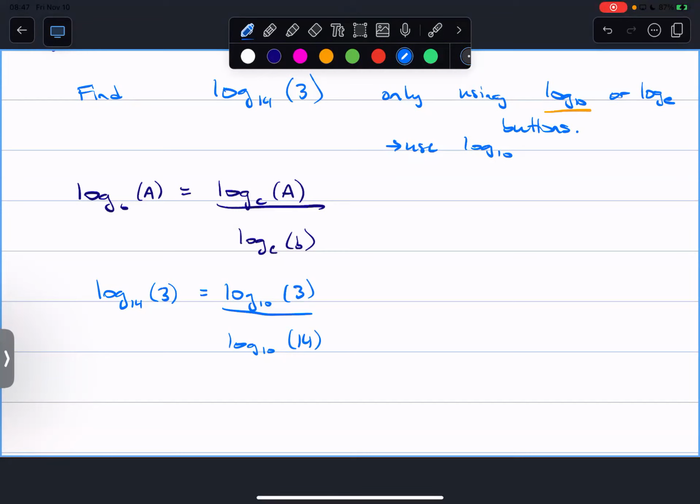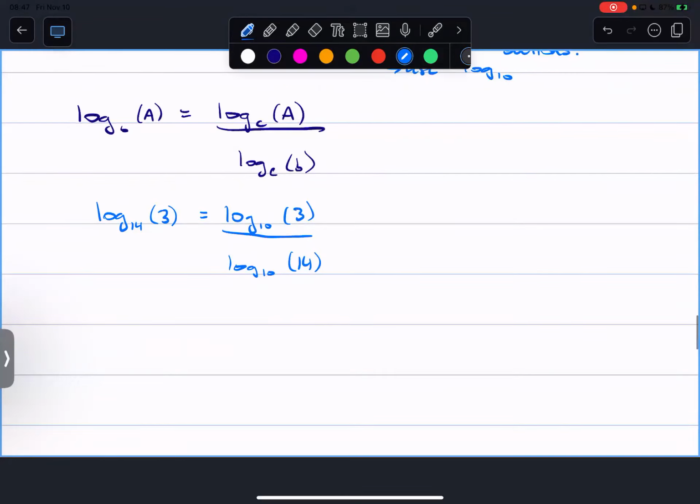And check it, make sure that they're the same, because you have your fancy button. Log base 10 of 3 divided by log base 10 of 14, I get 0.41628966639.